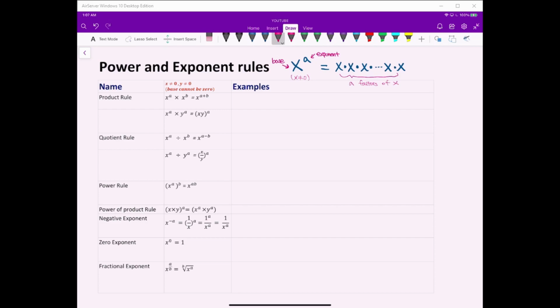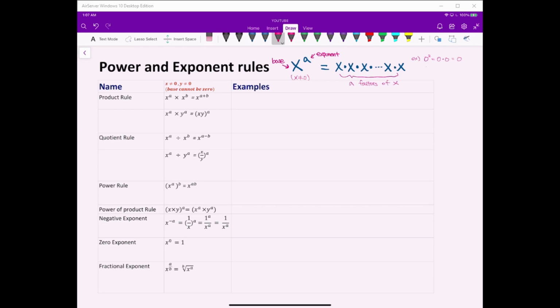This is because we cannot have different numbers of factors of 0 which all have the same value, which is 0. For example, the second power of 0 is 0 times 0, which is equal to 0.